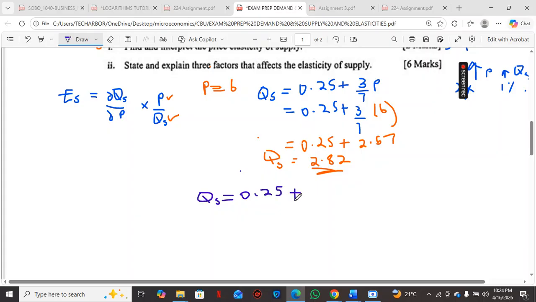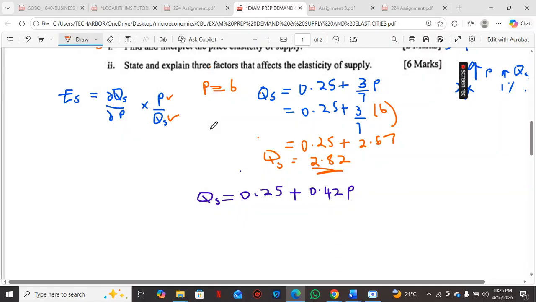To make life easy, we can convert 3 over 7 into a decimal so that the deriving is easier. 3 divided by 7, that's 0.42. So 0.42p.